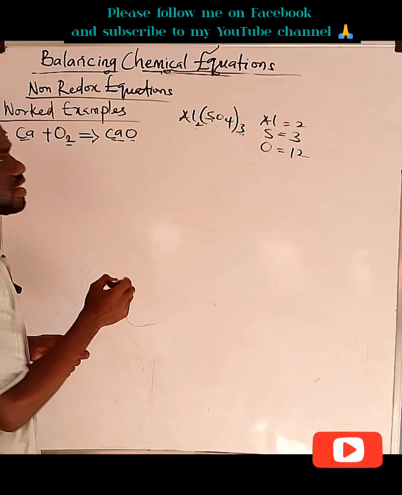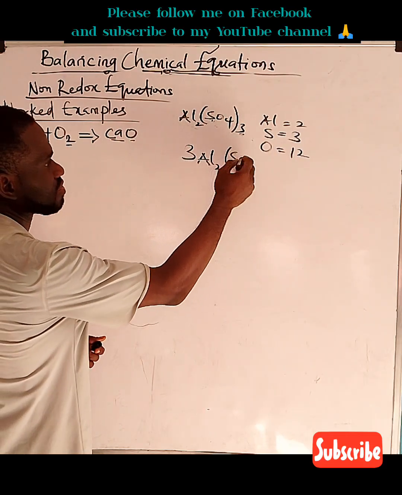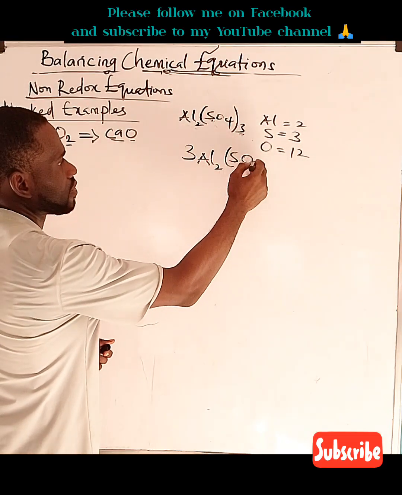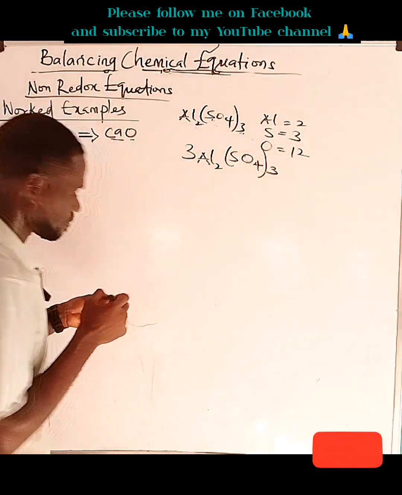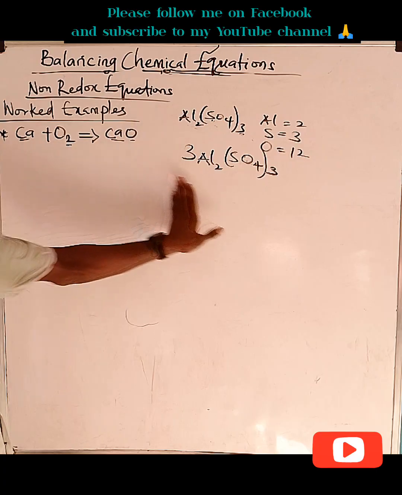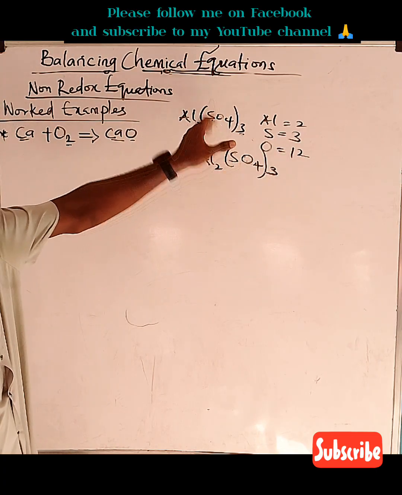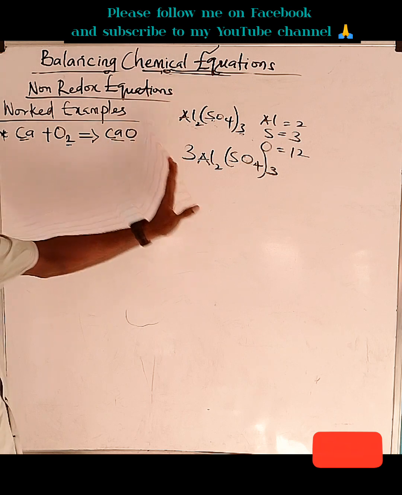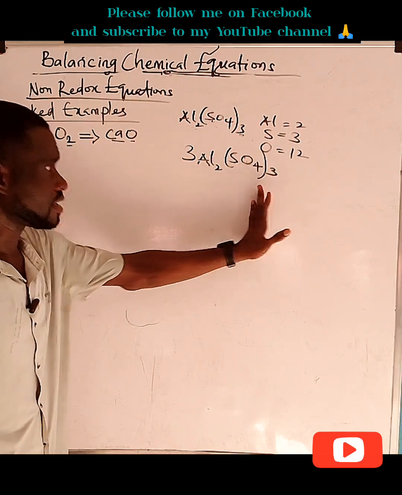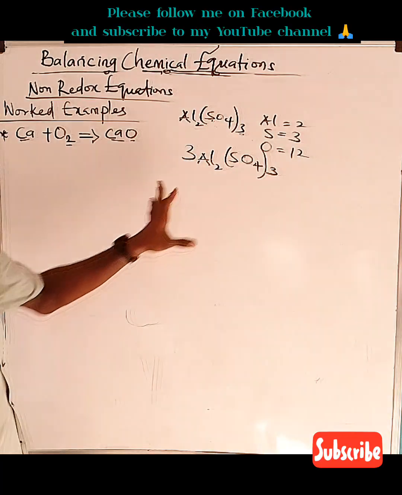So let's also try this out. Let's say you have a general 3 here, a coefficient attached to every one of them. Look at Al2(SO4)3. We have a 3 here being attached to everything, like say 3 molecules of this.